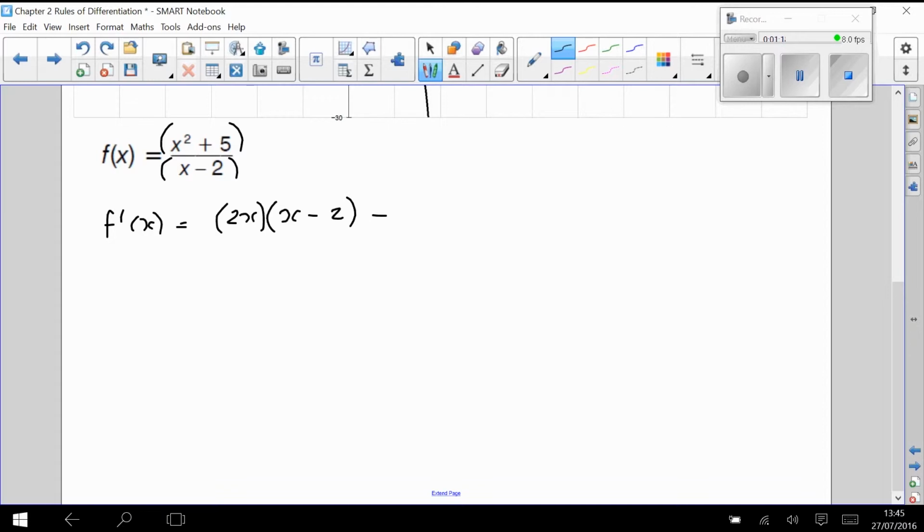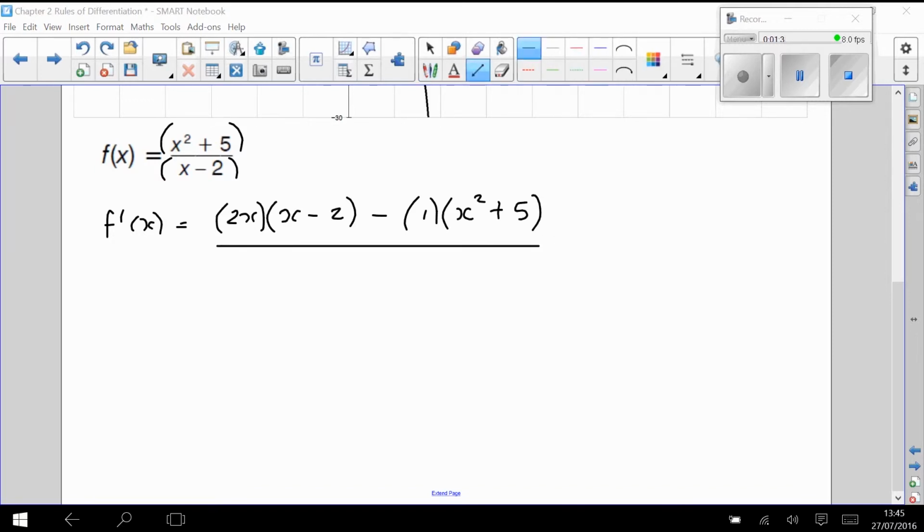And then I minus. I find the derivative of the function in the denominator, and I times it by the function in the numerator, and then I divide that all by the function in the denominator all squared. As the function in the denominator was x minus 2, I write x minus 2 all squared.